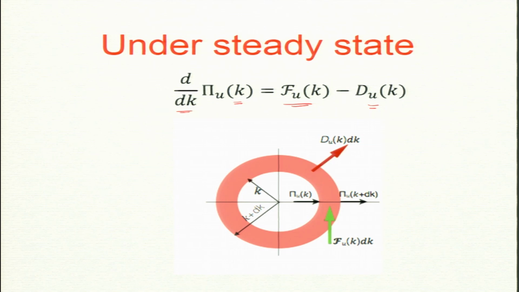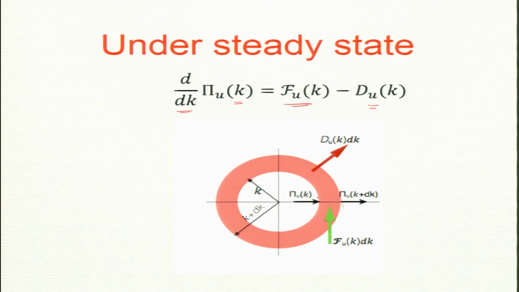So, this is a sphere, our pink sphere, which starts from radius k to k plus dk. Now, we are supplying energy F_u(k), it dissipates D_u(k), and they need not be equal.